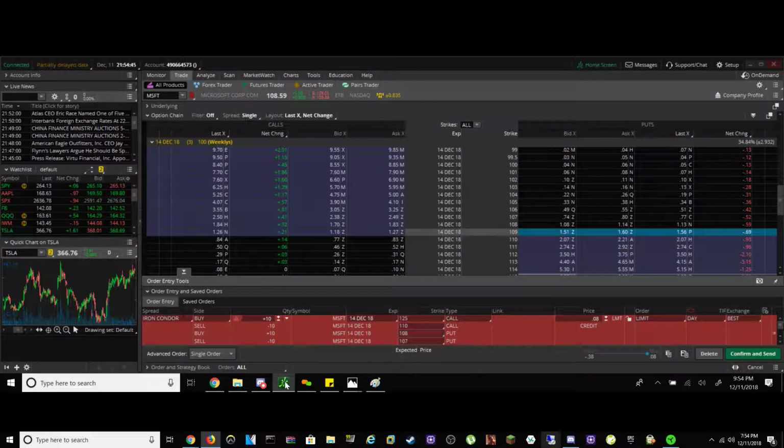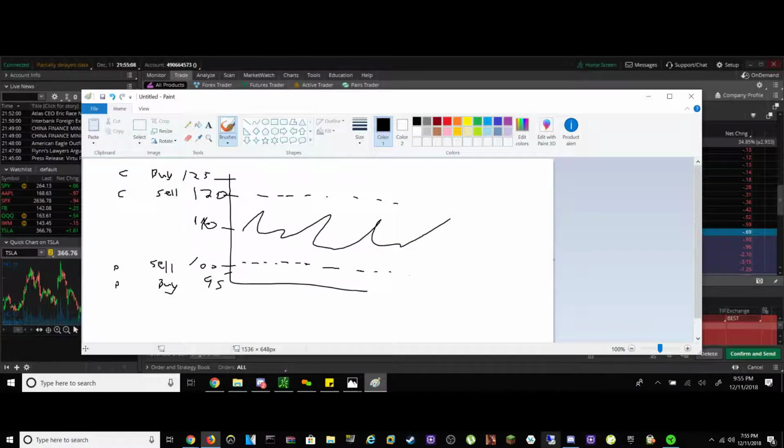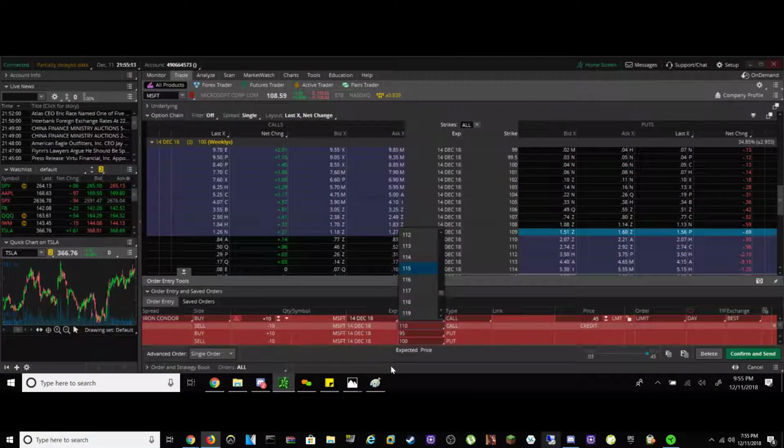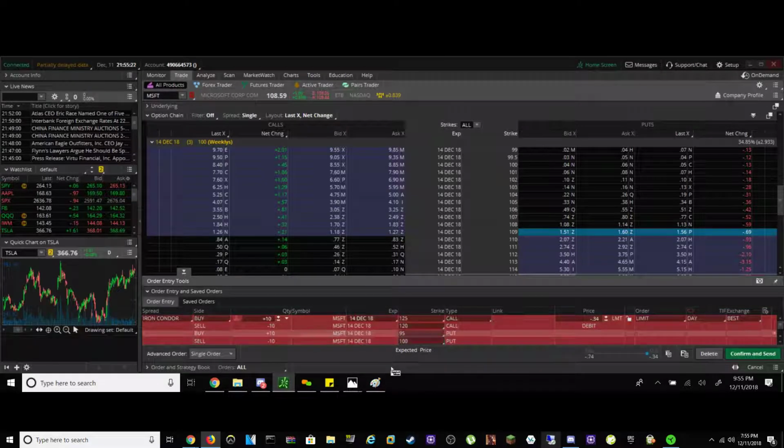I want to buy a put at 95. I want to sell a put at 100. And I want to sell a call, let me get back to my graph here, I sell a call at 120. Did we get that right? Let me see.